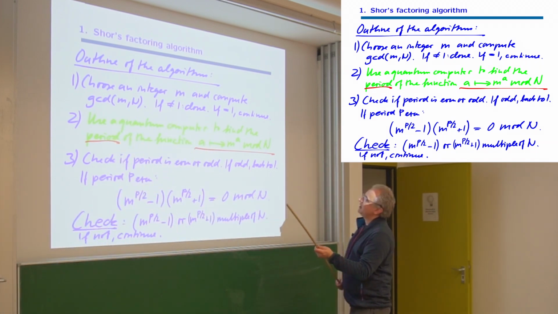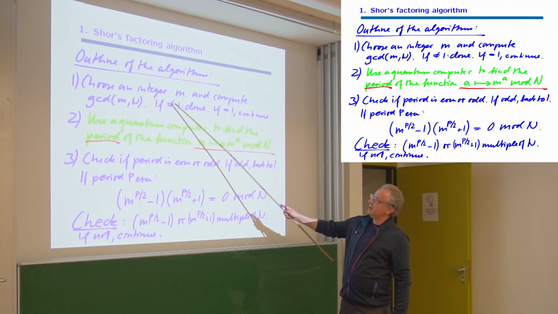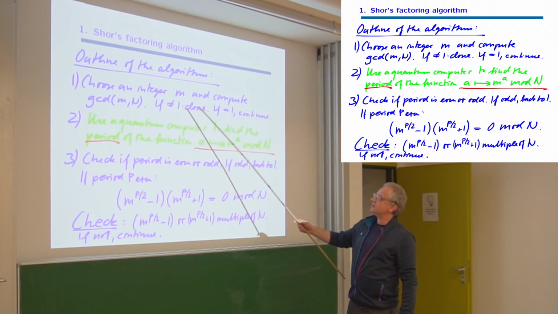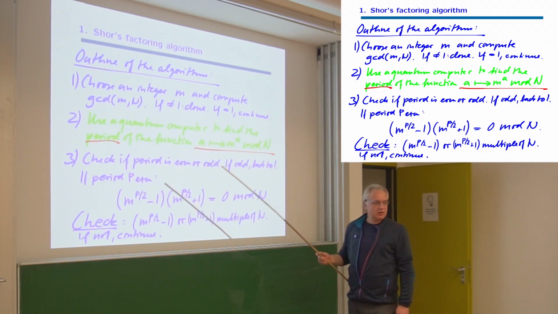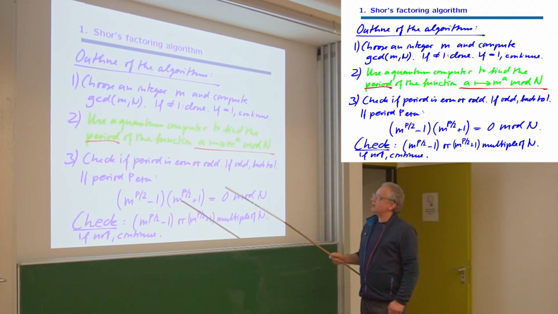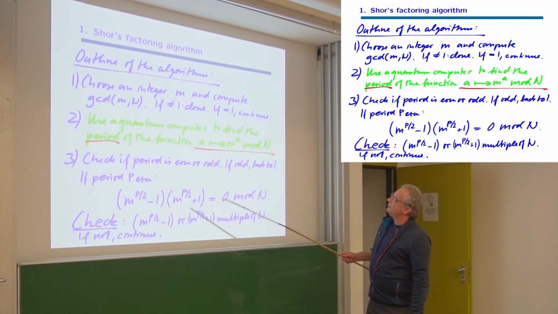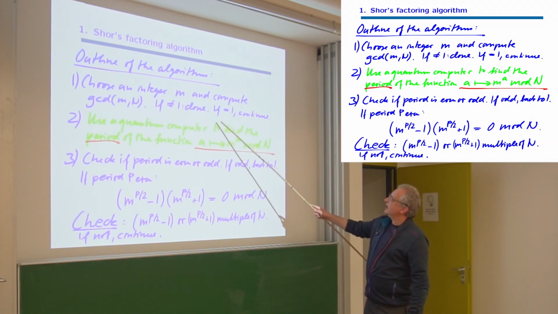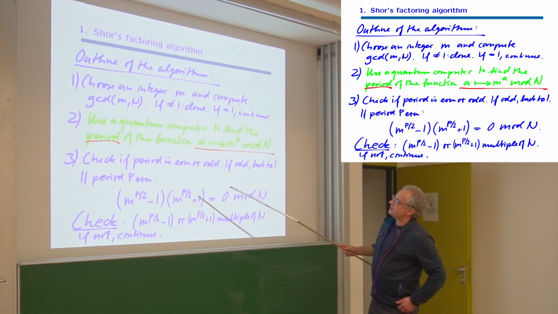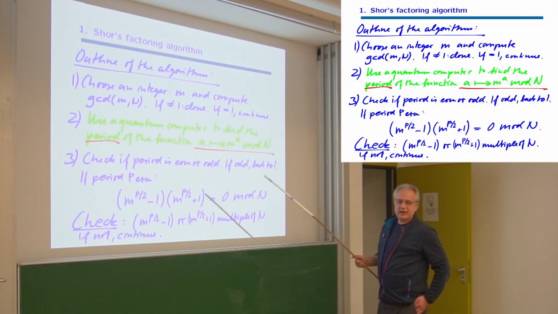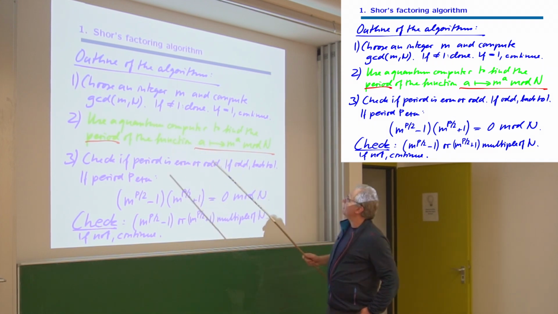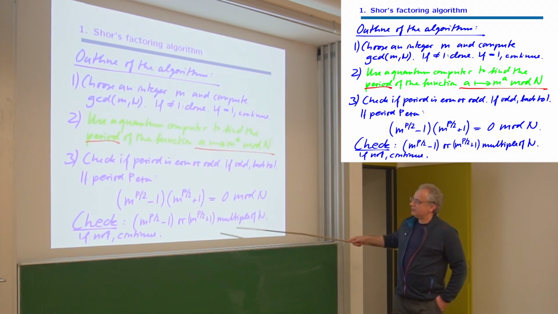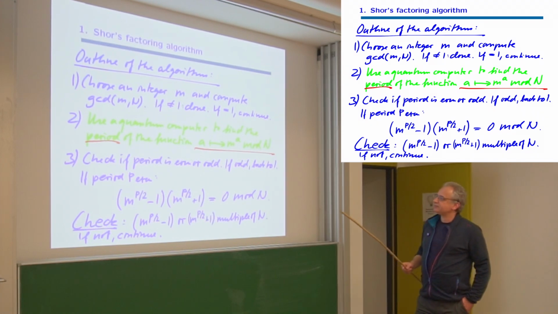If this is not 1, then we are done, we obtain one of our factors. That's rather unlikely, so most likely we will continue. If the greatest common divisor is 1, so that these two have no common factors, then we continue with the rest of the procedure.